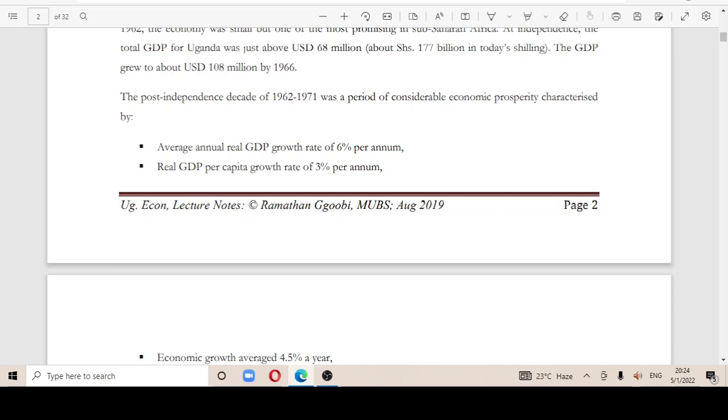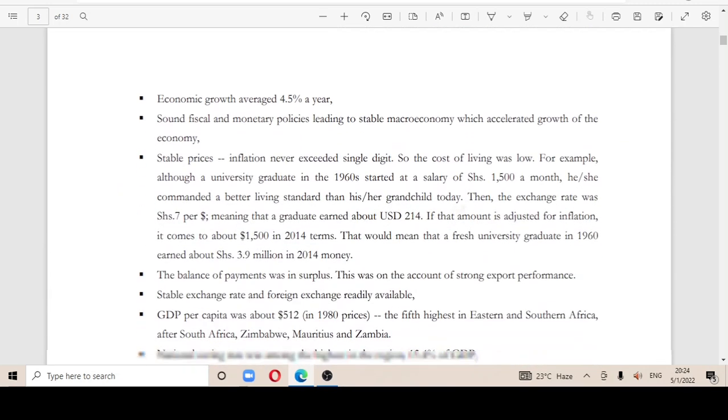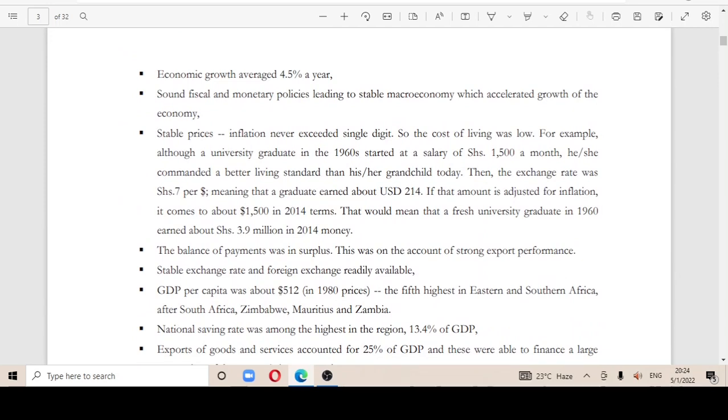Then we have the real GDP per capita growth rate, which is at 3%. Real GDP per capita means per individual. Then we have economic growth at an average of 4.5% per year.